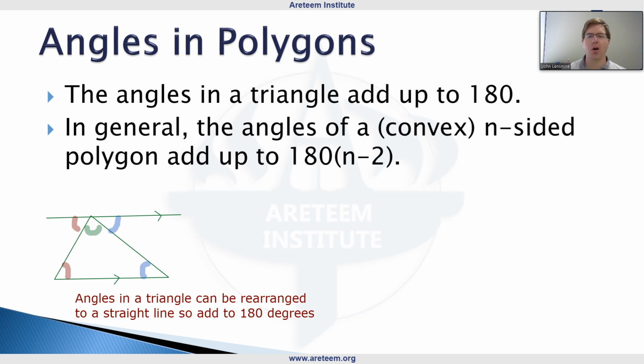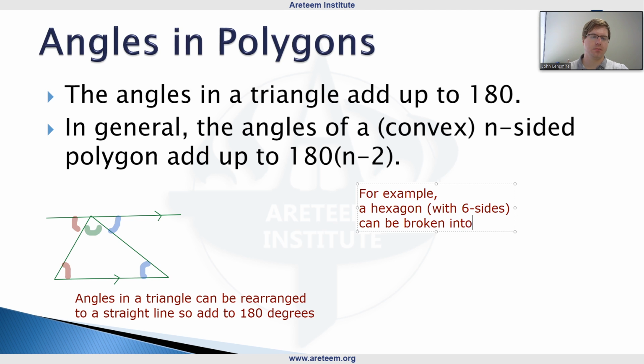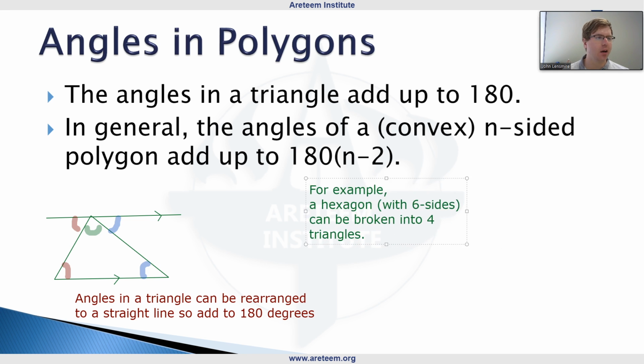All of these come from breaking the shape down into triangles. For example, a hexagon with 6 sides can be broken into 4 triangles. Really, once you know it for a triangle, you know it for any other shape.